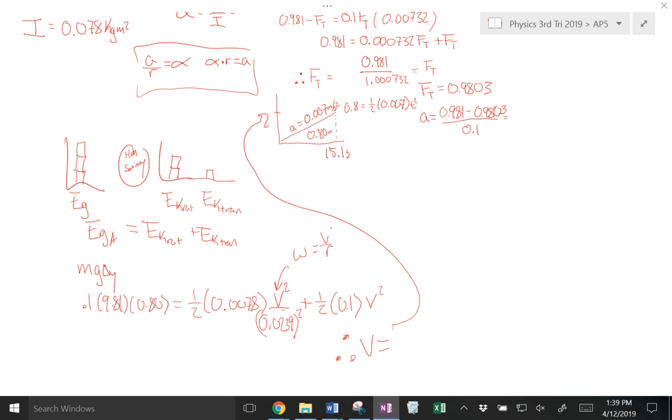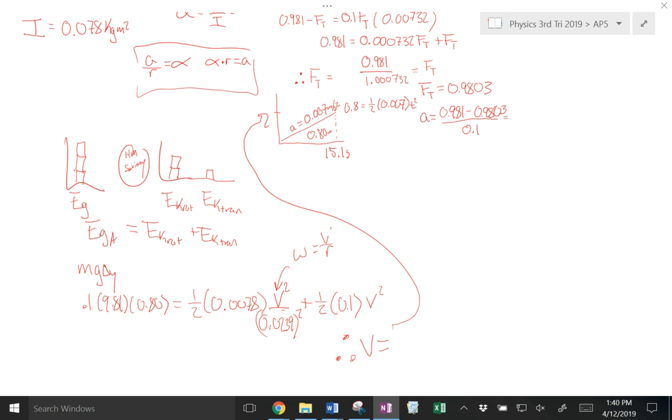If we solve out this velocity, 0.5 times 0.0078 divided by 0.0239 squared plus 0.05. And then the other side is 0.1 times 9.81 times 0.8.